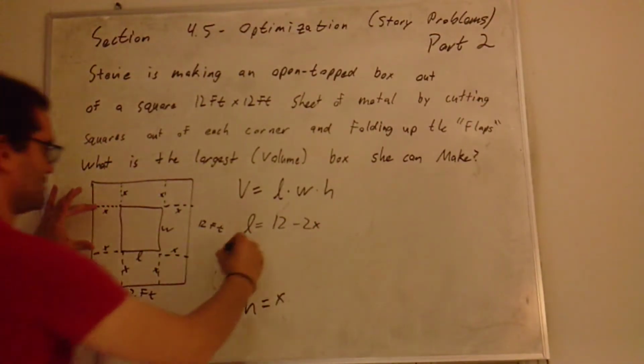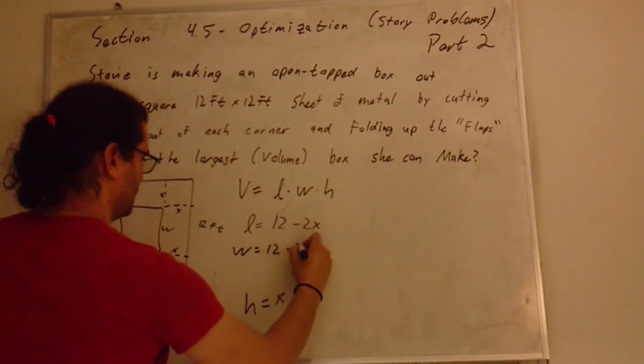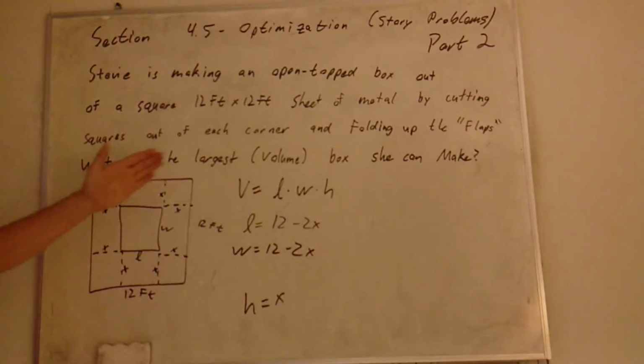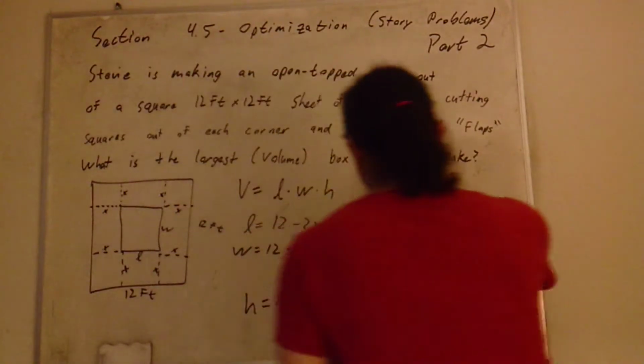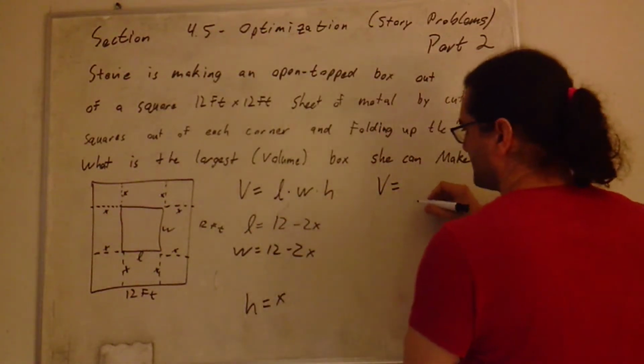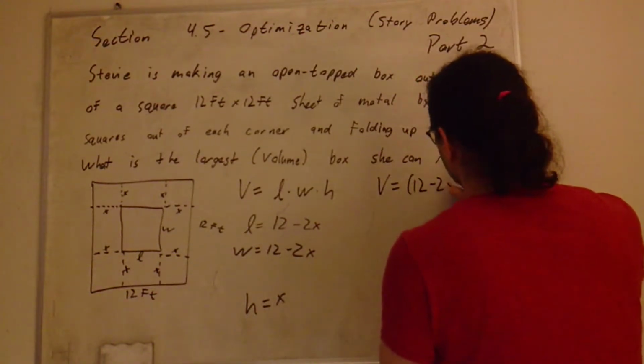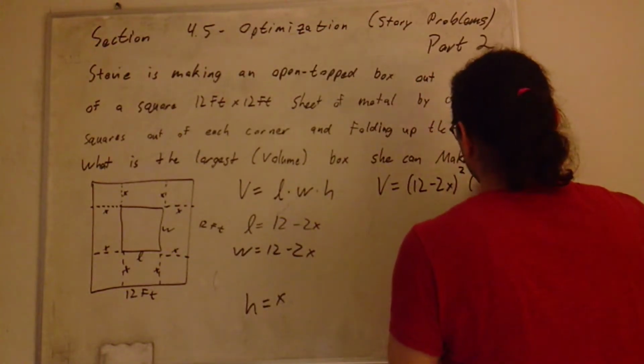And W is the same, 12 minus 2x. These are our dimensions. So the volume is (12 minus 2x) squared times x.